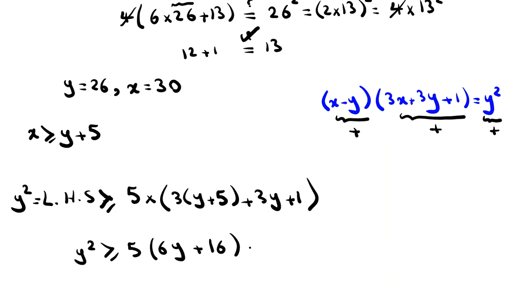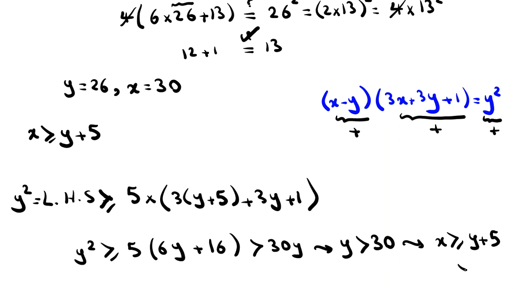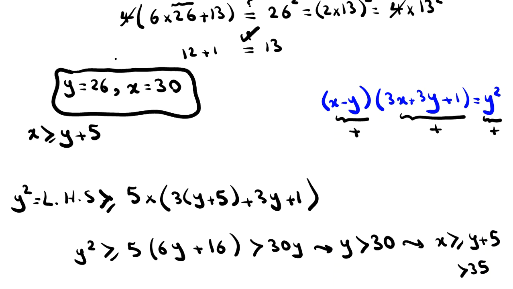So it is greater than 30y. If we divide both sides by y, y is greater than 30. So x is greater than or equal to y plus 5, strictly greater than 30 plus 5, that is 35. Because the problem says find minimum x, we've proved that the minimum answer here is when x equals 30.